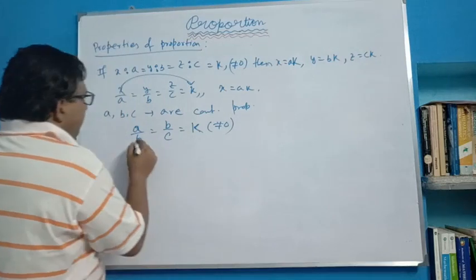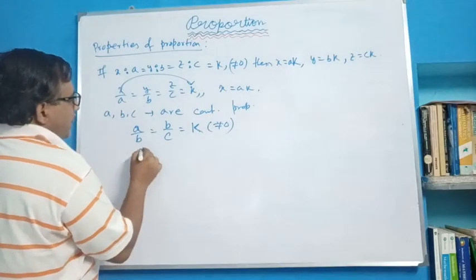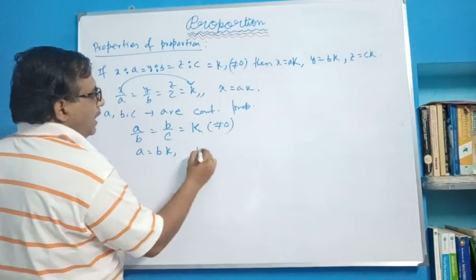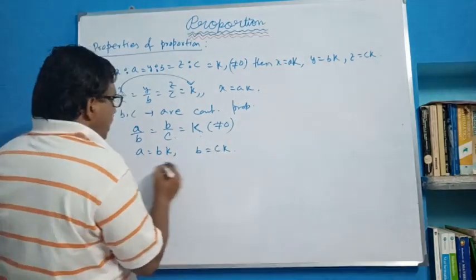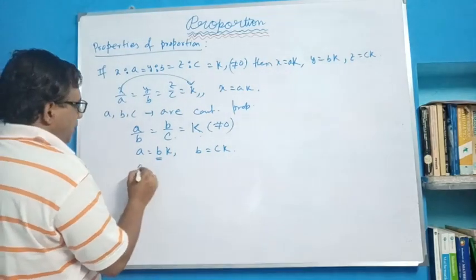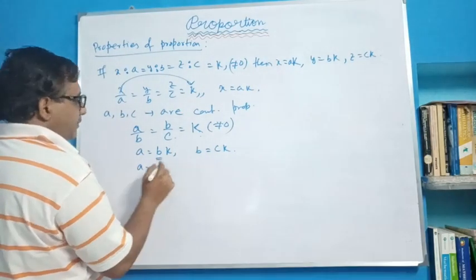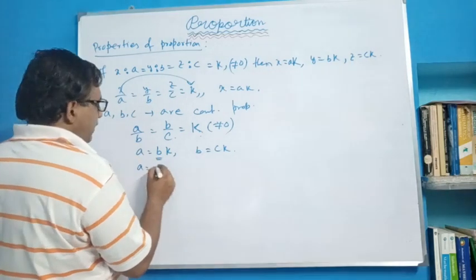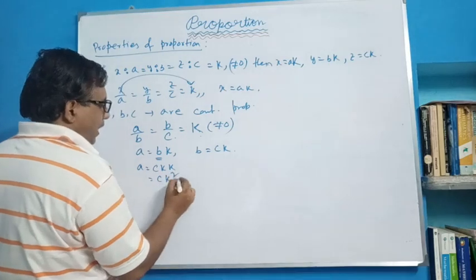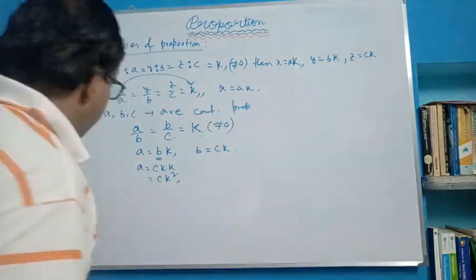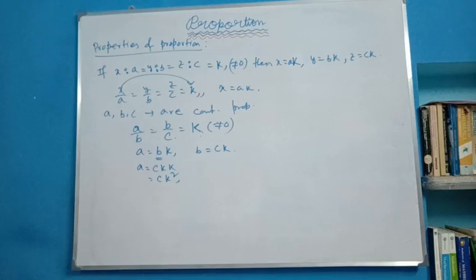From first and second we can write A is equal to Bk, and from second and third we write B is equal to Ck. Now if we replace B here, A is equal to C into k into k, that means C k square. So if A, B, C are in continued proportion and A by B is equal to B by C is equal to k, then A is equal to Ck square and B is equal to Ck.